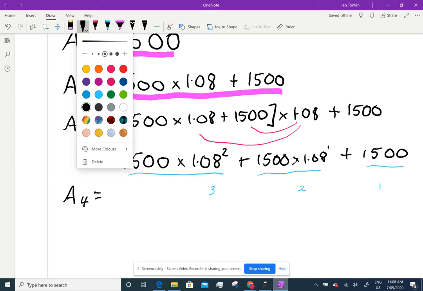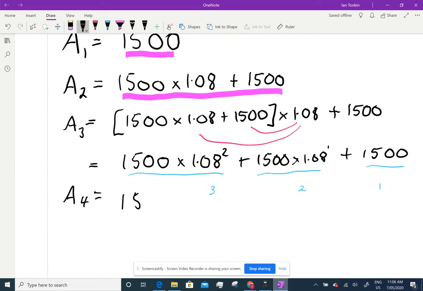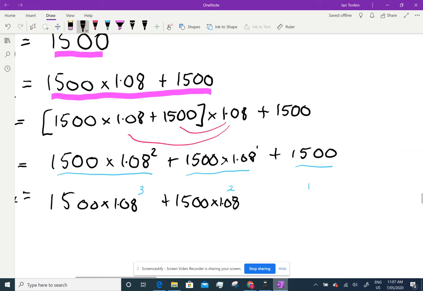So I'm going to have 1500 times 1.08 to the 3, plus 1500 times 1.08 squared, plus 1500 times 1.08 to the 1, plus 1500.